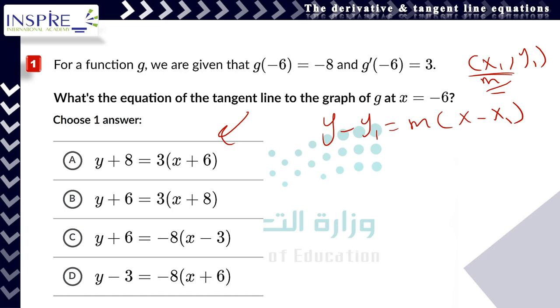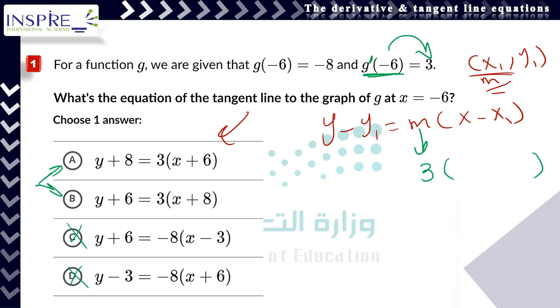At first, let's search for m. Let's search for the slope, and we already have it. The slope is the derivative of the function at x equals negative 6, which is 3. So m should be 3. So the number in front of the bracket is a 3. So this one is wrong, this one is wrong. It will be one of A or B.